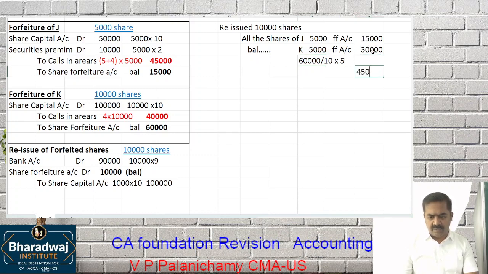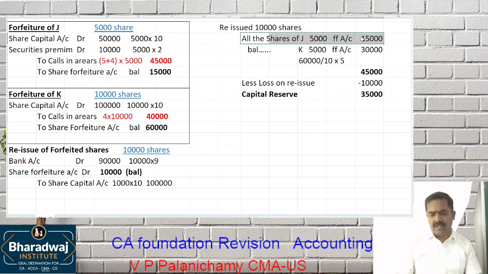So 45,000 is the share forfeiture account. 45,000 is the share forfeiture account less loss on reissue. What is the loss on reissue? 10,000. So capital reserve we have to create for how much? 35.